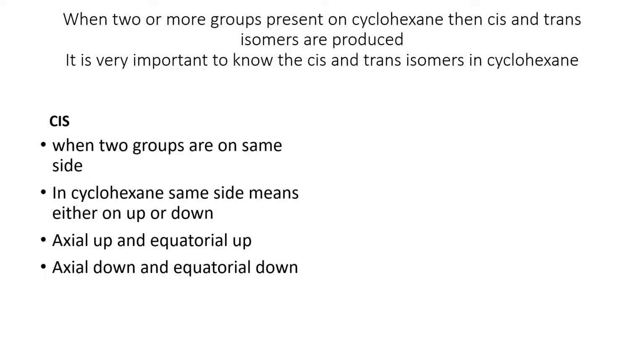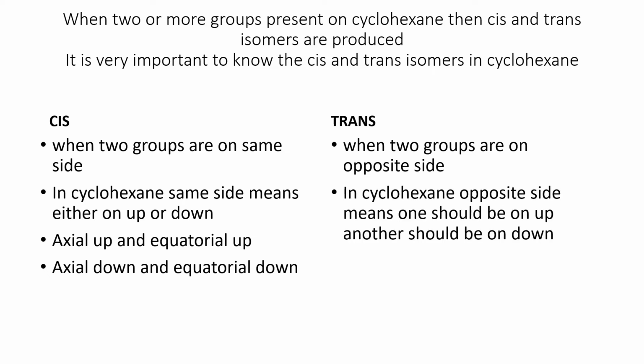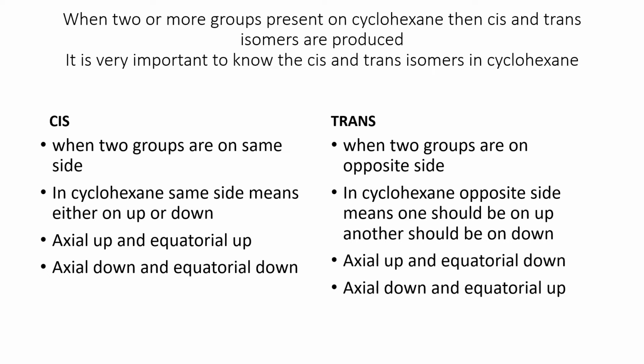In the same way, for a trans isomer, the 2 groups should be on opposite sides: one up and one down, axial up and equatorial down, or axial down and equatorial up. So this is the cis and trans conformation.